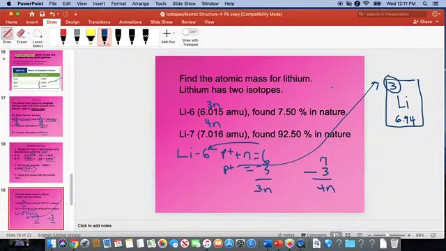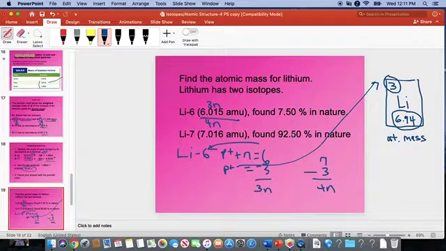So again, if we want to see how they got this number, which is called the atomic mass, the weighted average of all the isotopes, in this case 2, all we have to do is take the exact mass for lithium 6 and multiply by the decimal form of 7.50. And we take the exact mass of lithium 7 and multiply it by its percentage as a decimal.